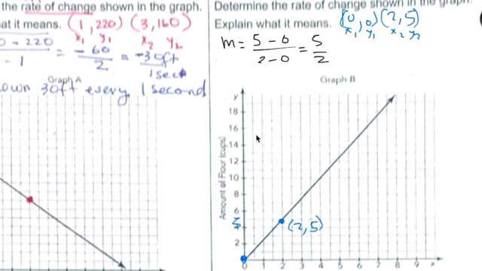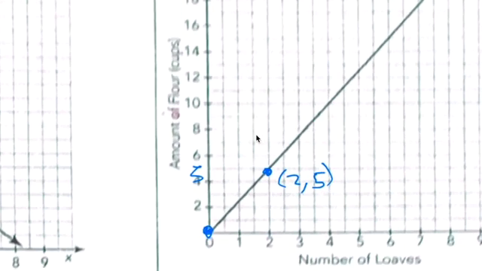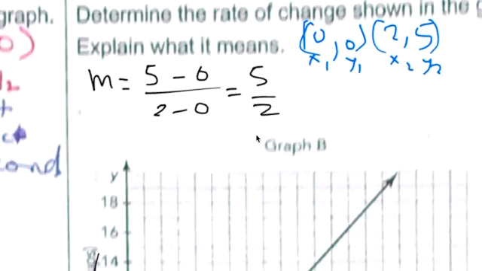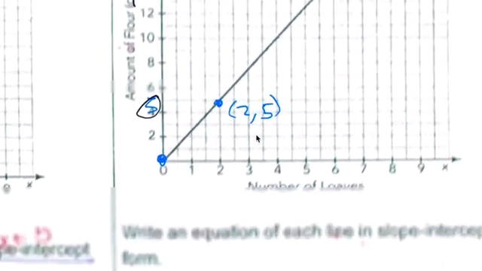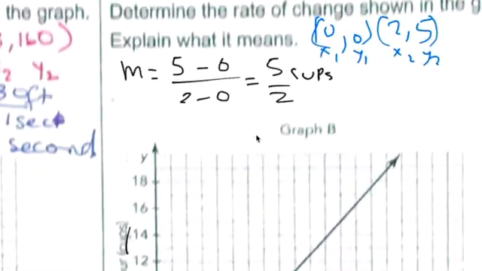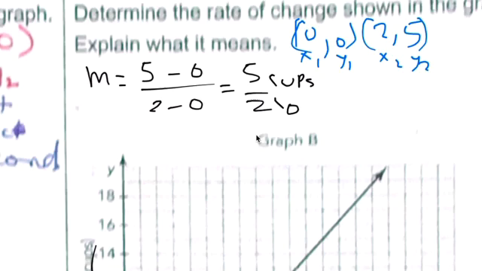And the 5 is cups, okay? 5 cups. And 2 is the number of loaves of bread, I'm sure. 2 loaves.